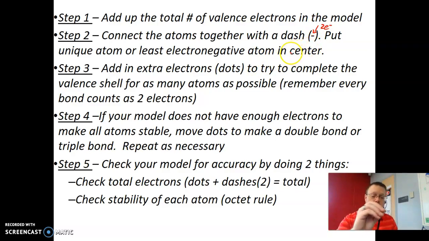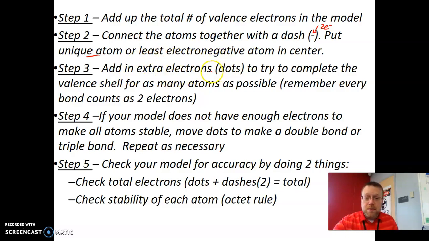Now, if you're trying to decide which atom to put in the middle, usually the atom that you only have 1 of, the unique atom, goes in the middle, or the one that has the lowest electronegativity might go in the middle. Hydrogen can never go in the middle because if it did, then it would have more than 2 electrons just by making connections to more than 1 other atom. So hydrogen will never be a central atom.